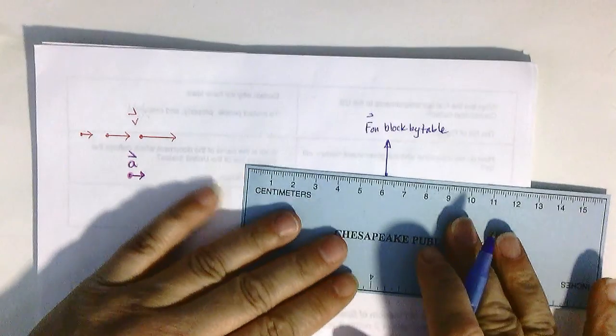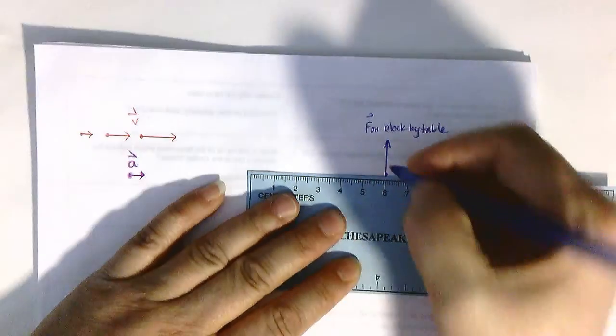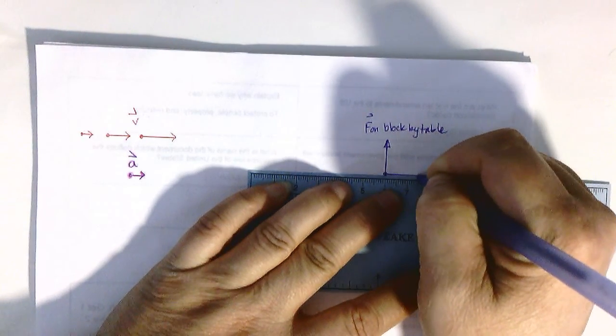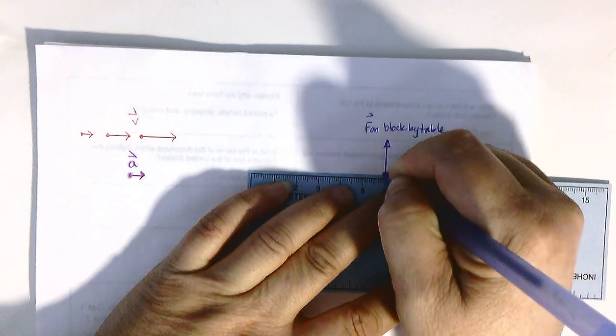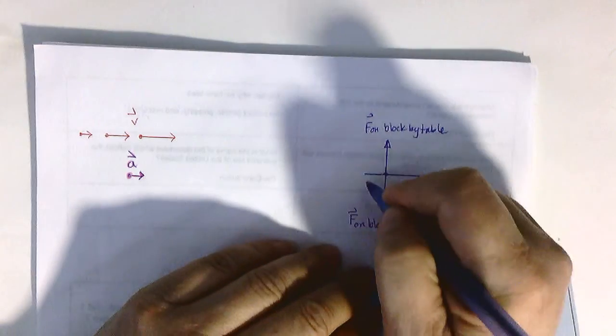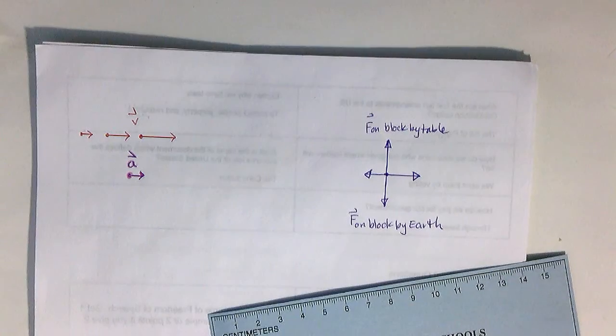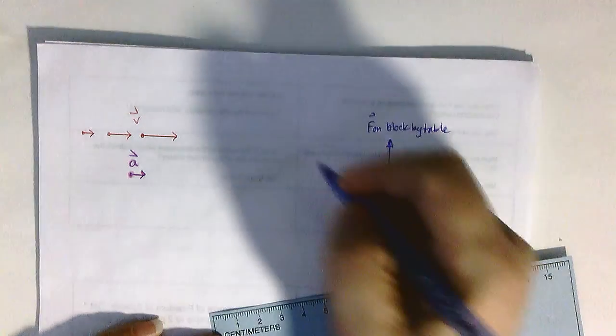And now I need to draw my applied force and my frictional force. Because I'm accelerating to the right, I'm going to make that longer than the one to the left. Now, would this change 5 seconds later? No, the lengths of these forces do not change throughout the problem.